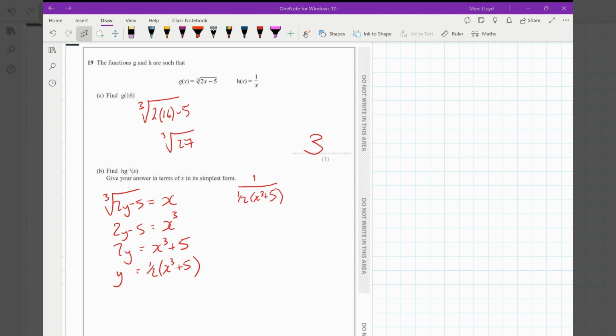So what I'd probably do is, we're dividing it by a half, and then this bit's multiplied. So what I can do is say keep, change, flip. If we're dividing by a half, we're multiplying it by 2. So we can bring that half up to the top, which then leaves us with 2 over x cubed plus 5. Bit of a headache, but practice these ones and they'll give you valuable points at the end of your exam.